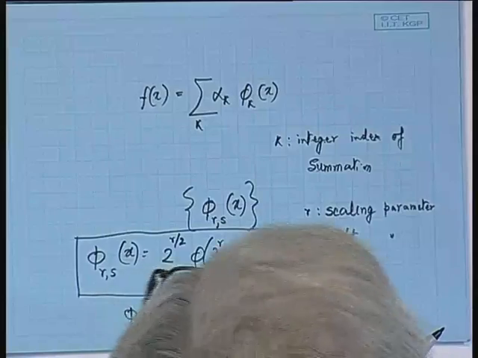Now, instead of phi 0 0 x, if I want to obtain phi 1 0 x, how do I realize that? To have phi 1 0 x, I have to put r is equal to 1 and s is equal to 0.